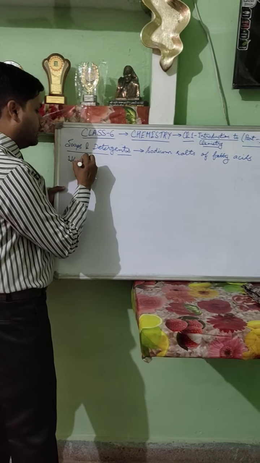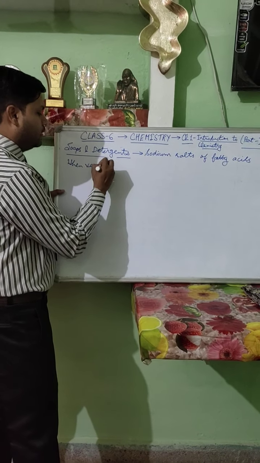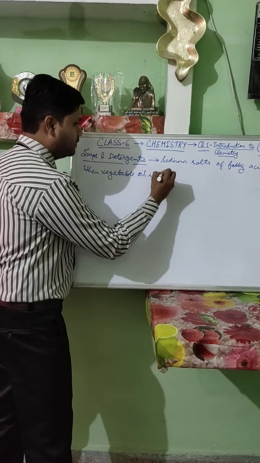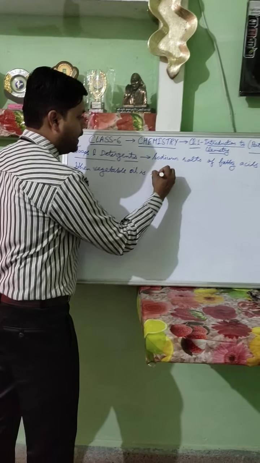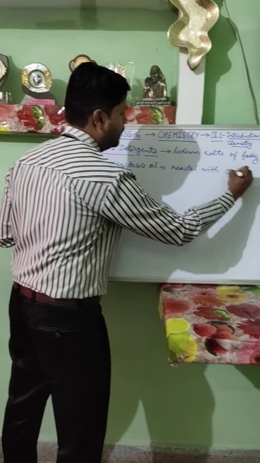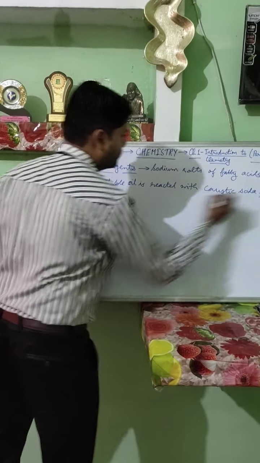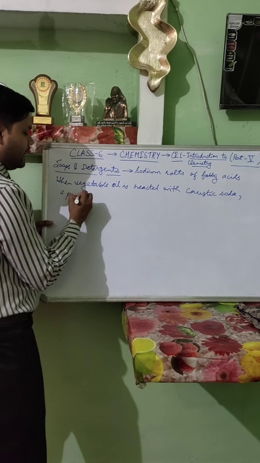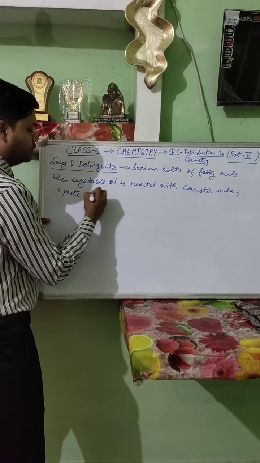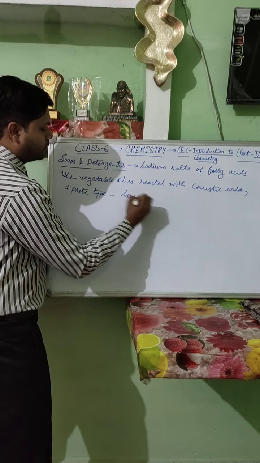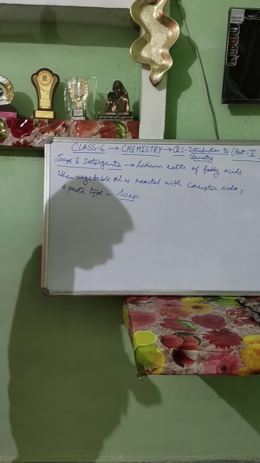When vegetable oil is reacted with caustic soda, a paste type substance is formed, and that substance obtained is known as soap.